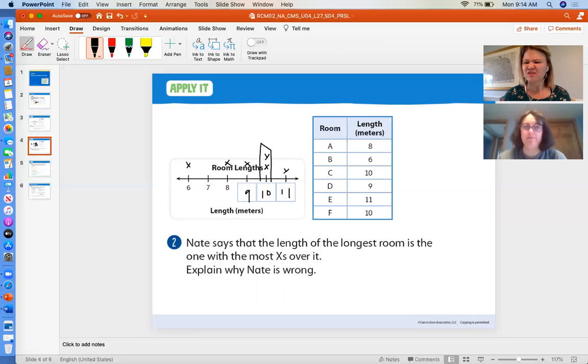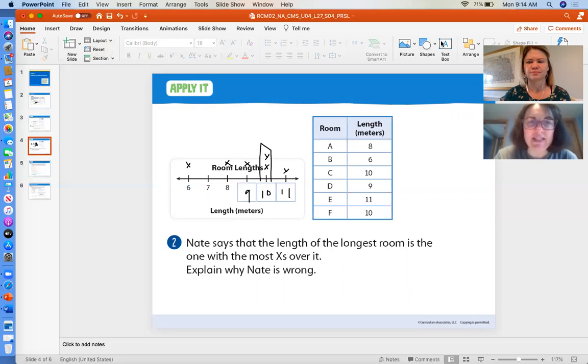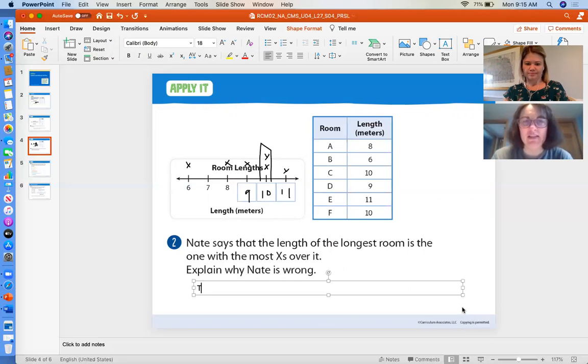Why is that not right? Well, it doesn't make sense. Well, the longest is going to be the biggest number. And if we look at our line plot, what is the biggest number? It's 11. The longest room will be the biggest number. And that is 11.